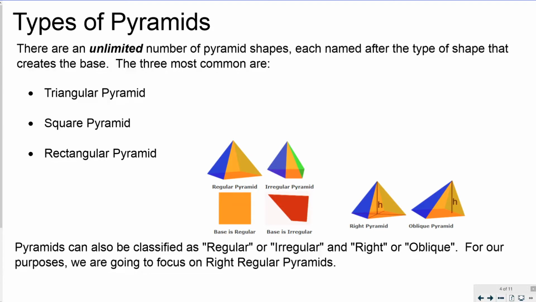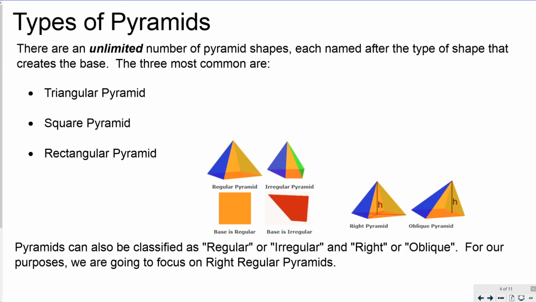So, types of pyramids. There are an unlimited number of pyramid shapes, each named after the type of shape that creates the base. The three most common are triangular, square, and rectangular. Those are the three types of pyramids that we see the most. We can also classify pyramids as regular or irregular, so you can kind of see the difference above.